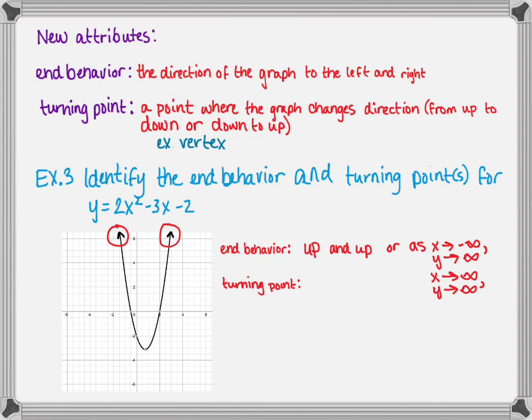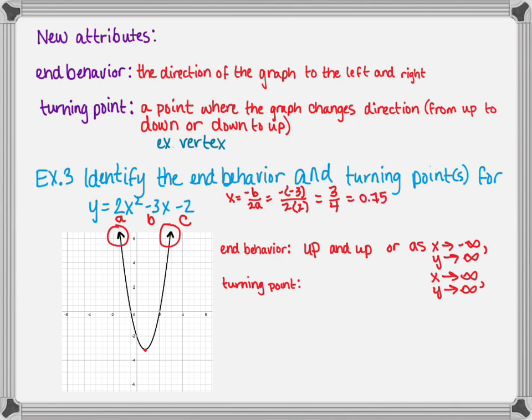The turning point here is down here, the vertex. So to find the vertex, because it's a quadratic, we can use what we know about quadratics. A is 2, B is -3, C is -2. We can find the x value of the vertex by taking the opposite of B over 2A. So the opposite of -3 over 2 times 2, which is 3 over 4.